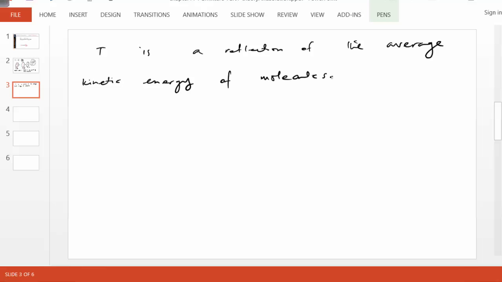So obviously, when we say the temperature at a point is 300 Kelvin, what do you mean by that? A point in a system will still have billions and billions, trillions and trillions of molecules. Molecules are so small. Given that a point has so many molecules, you can easily find an average kinetic energy. In case of a solid, it's the vibrational kinetic energy that reflects the temperature. And in case of a gas, it is the translational kinetic energy that reflects the temperature at a point.